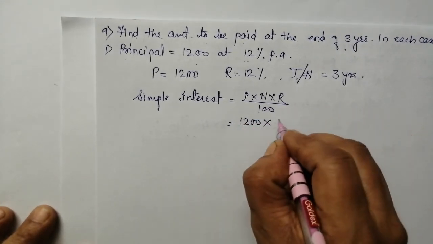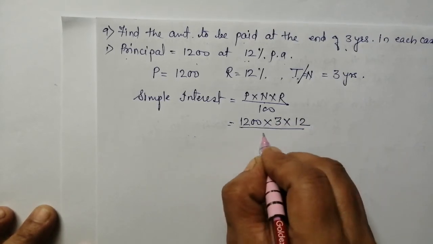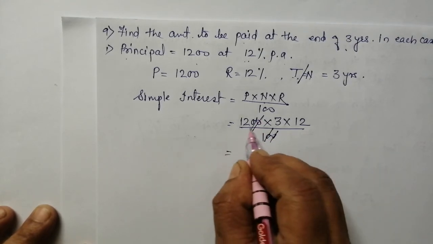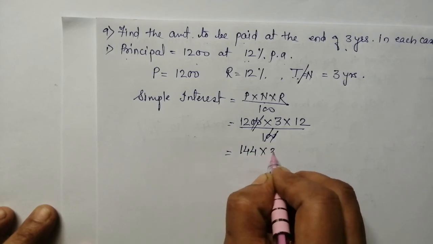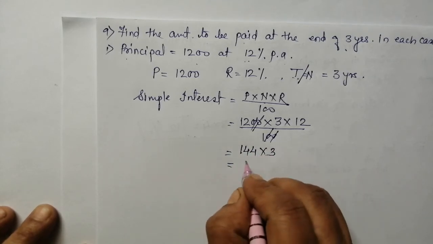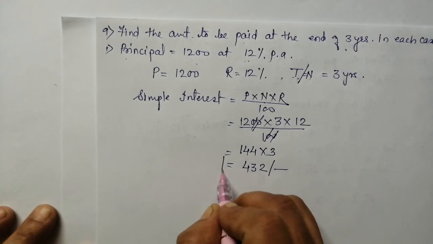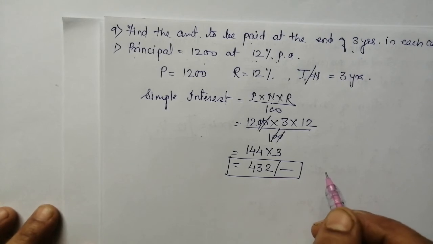Multiplied by N is given 3, rate is given 12, divided by 100. If you multiply by 12, it is 144, multiplied by 3 is equal to 432 rupees. This is the simple interest which you have to pay.